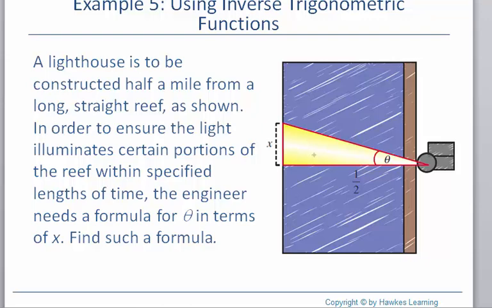So that lends itself to using tangent, because tangent, remember, is opposite over adjacent. All right, so I'm just going to write down what we know. We know that tangent is going to be opposite over adjacent, and we do have both of those sides. So for the opposite, I'm going to plug in x.